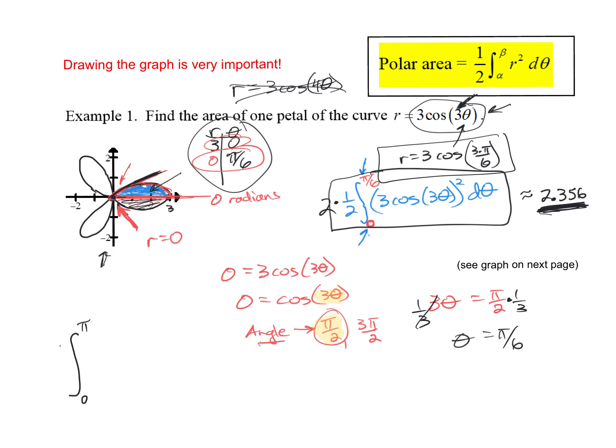So you'd have the 1/2 out front, you could go 0 to pi, and you still have the r squared d theta. And then when you're done, you'd have to take 1/3 of that to get just one petal out of that. So 0 to pi once around draws the entire rose, but you only want one of the petals, so you take 1/3.